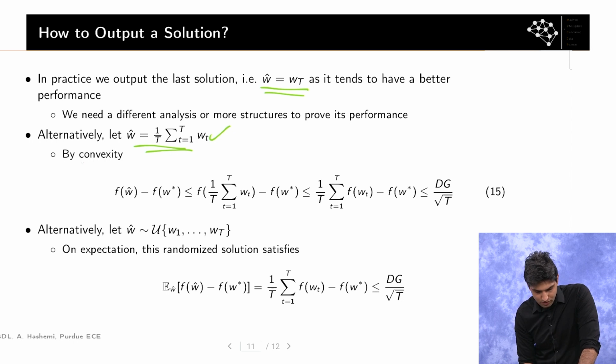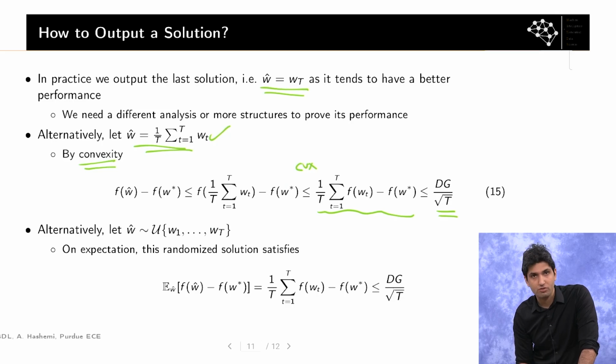Remember, we assume that our function is convex, so we can leverage the convexity definition to show that this solution enjoys a provable theoretical guarantee. So this is the bound we found on the average suboptimality gap. And it turns out, again by using convexity, this average suboptimality is going to be larger than the suboptimality of the average solution.